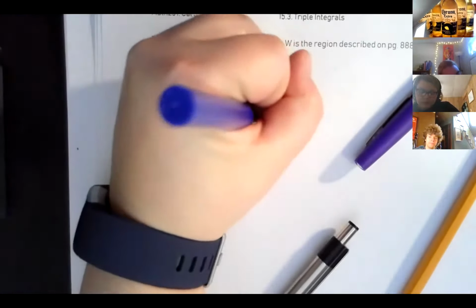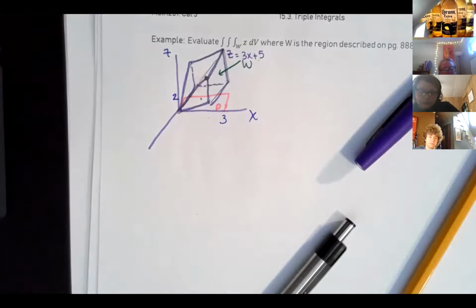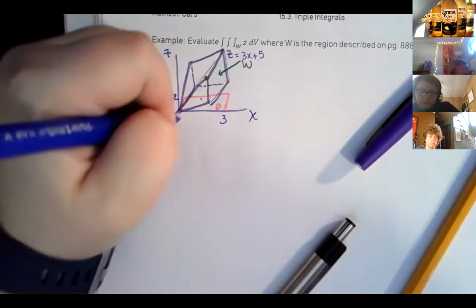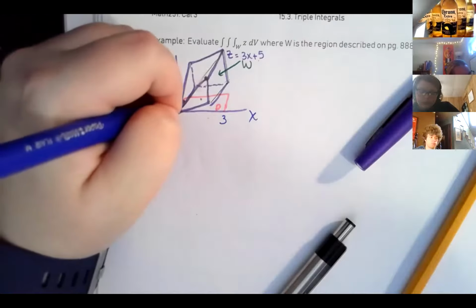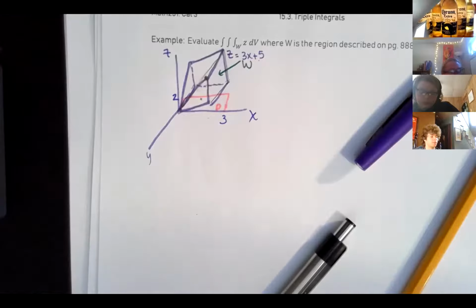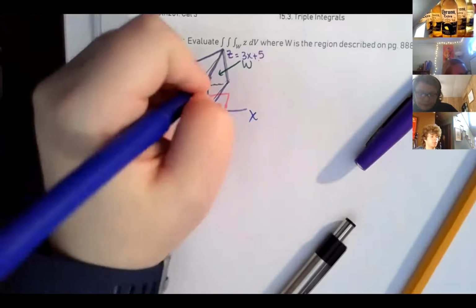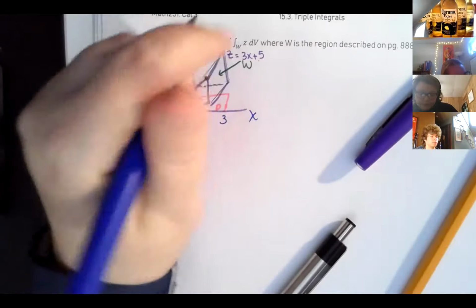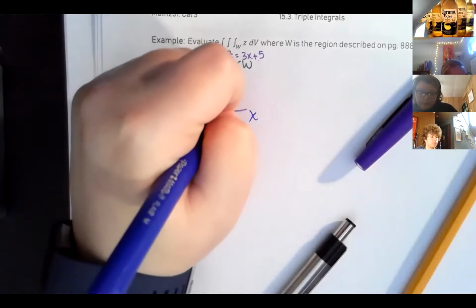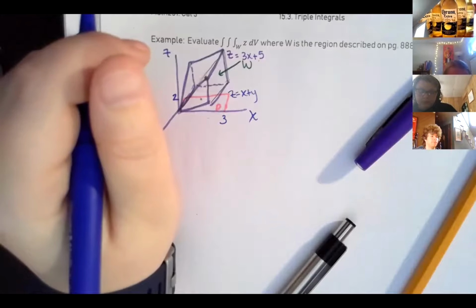This is my x-axis. This is my z-axis. And y is going back that way. And this plane here, the plane beneath, is z equals x plus y.